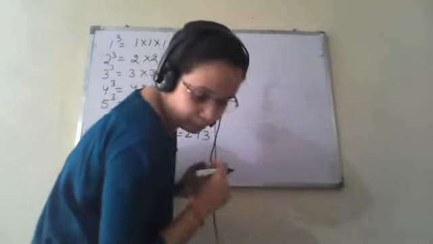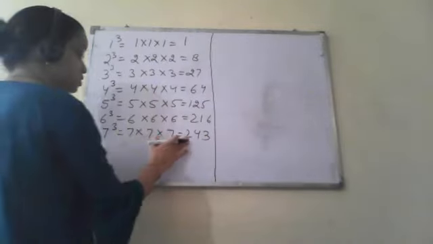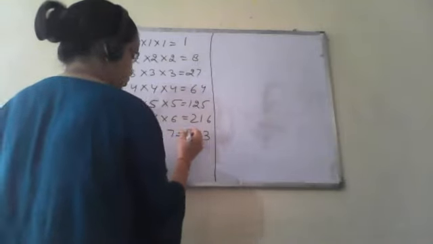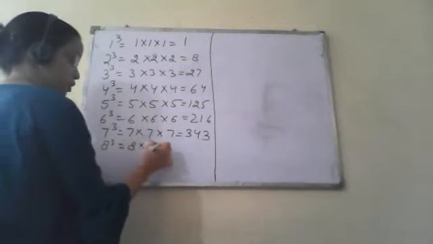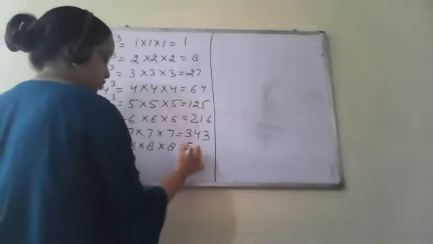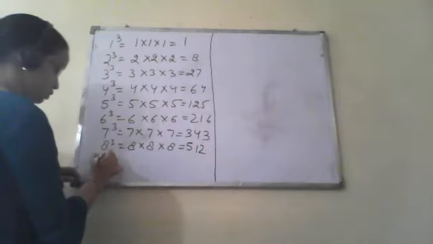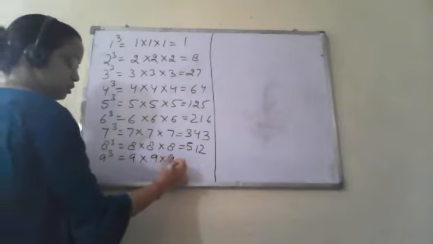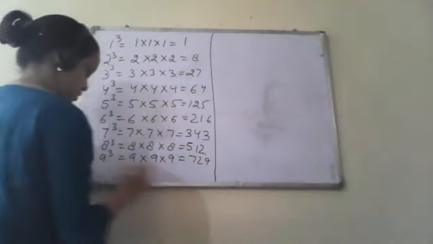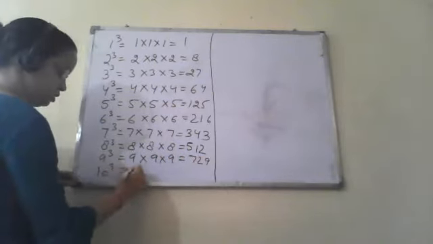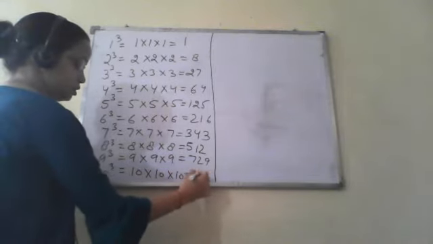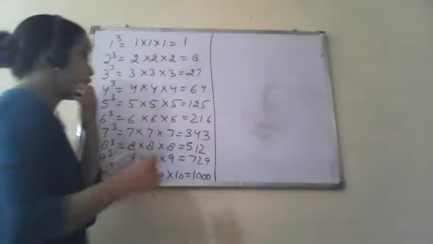Sorry, this is 343. 8 cube is 8 into 8 into 8, this is 512. 9 cube is 9 into 9 into 9, this will be 729. And 10 cube is 10 into 10 into 10, that is 1000.